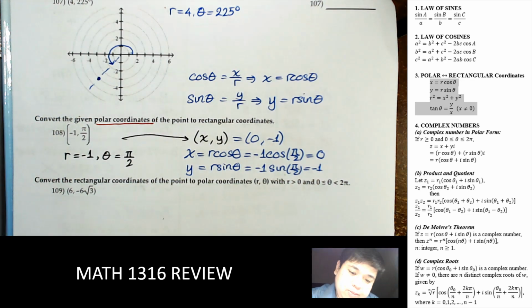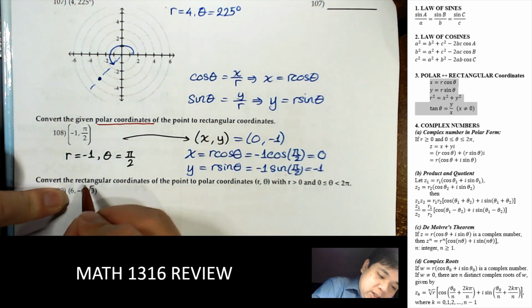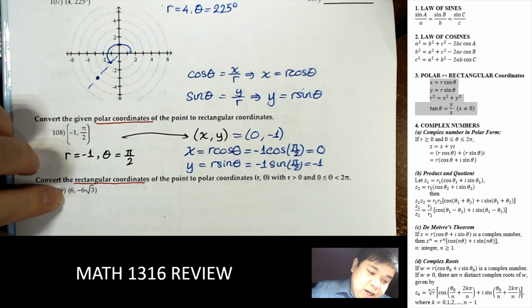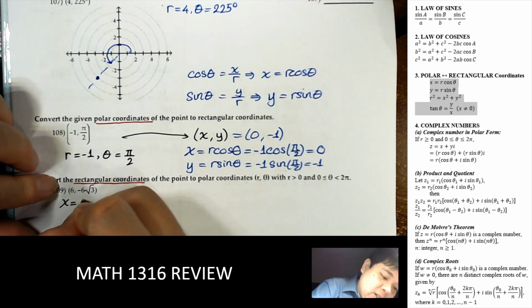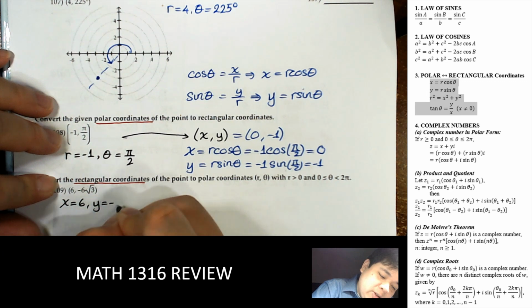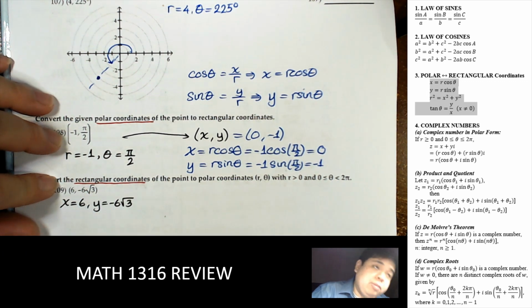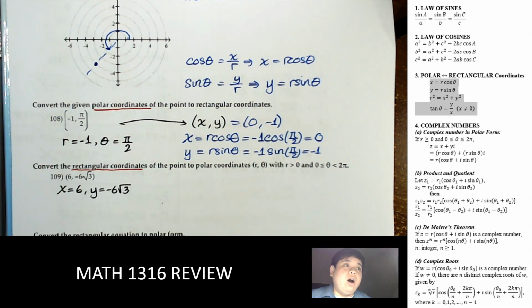Right, next one. Convert the rectangular coordinate point to polar coordinates. So this is in rectangular, meaning that on this one x is 6 and y is -6 square root of 3. We need to find r and theta. So it's easy.